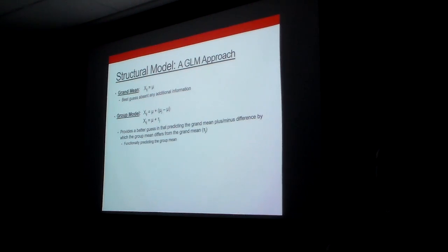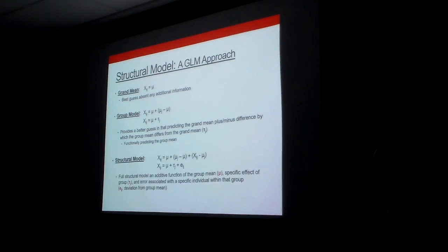What I'm doing is I've got more information here that I can use to determine things, right? If the only thing that determined height was gender, all the men would be the same height and all the women would be the same height, and this would be a perfect model. But this isn't the way things happen, because at the end we also have an individual error term. This is the deviation of that person from their group mean.